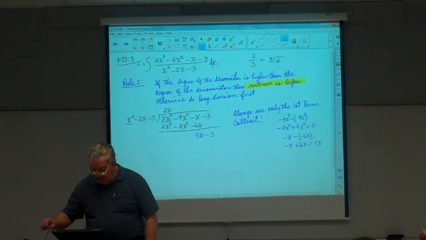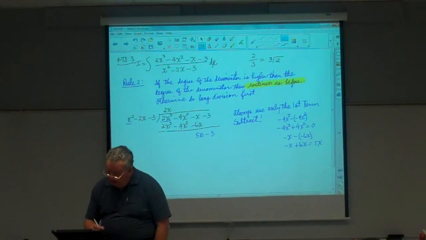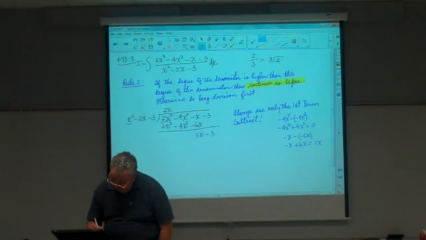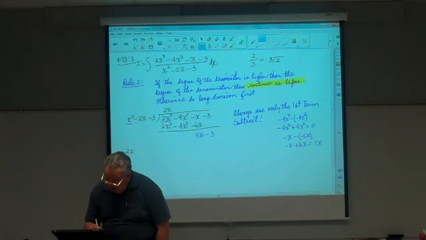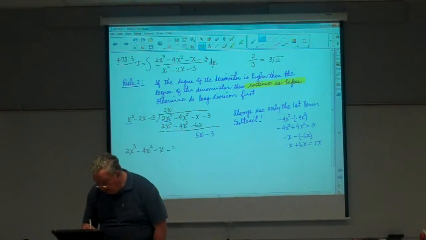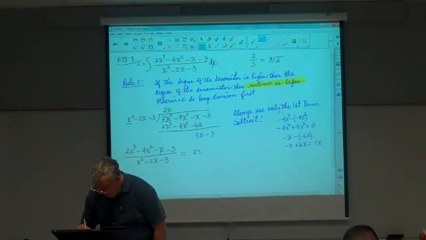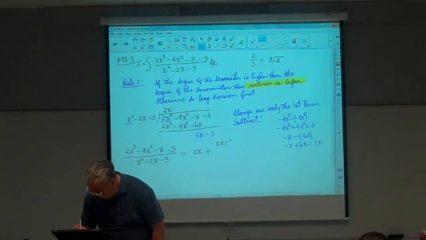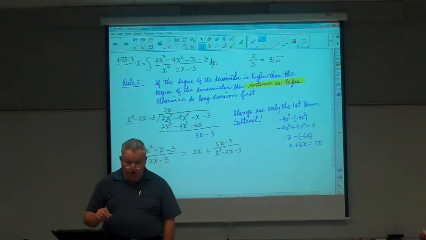So now I think that, and I'm going to write it, 2x cubed minus 4x squared minus x minus 3 over x squared minus 2x minus 3 equals 2x plus the remainder over the divisor. Isn't that the way you wrote a remainder?